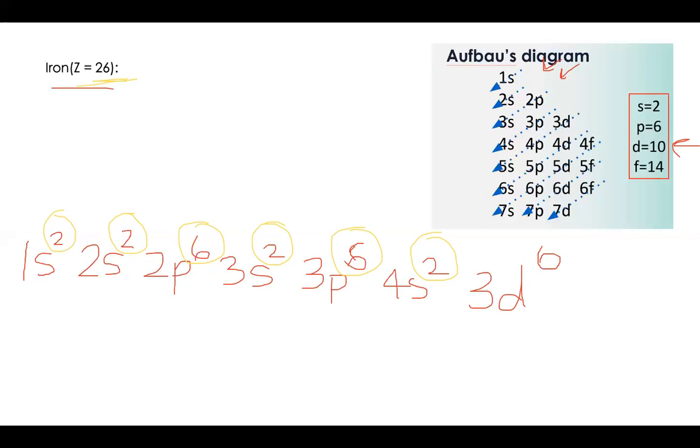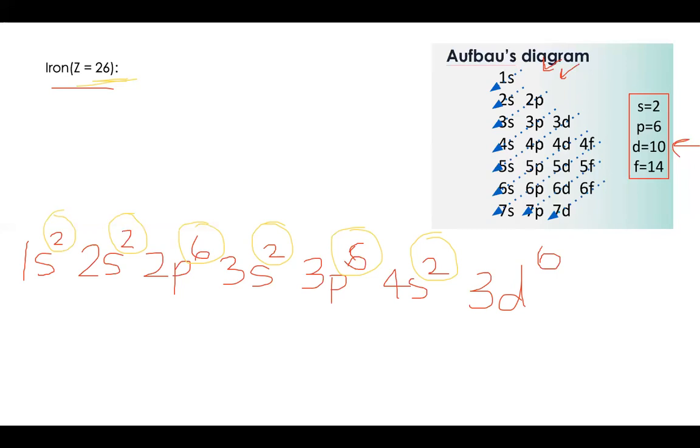Since it is a transition element, the valence shell will be the highest energy level in the electron configuration and everything that we have to the right. Which is the highest energy level in the electron configuration?